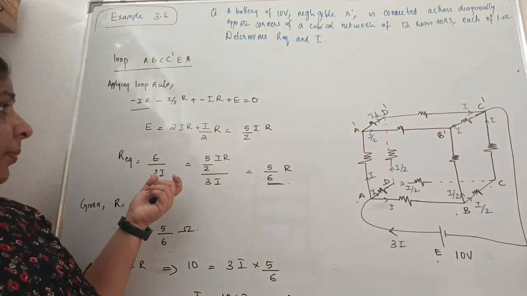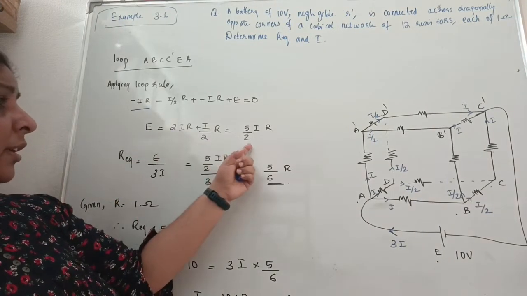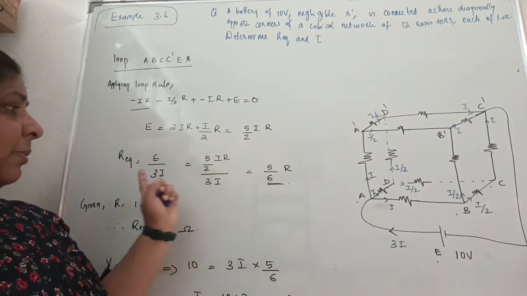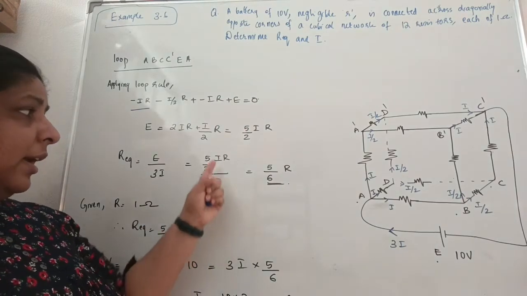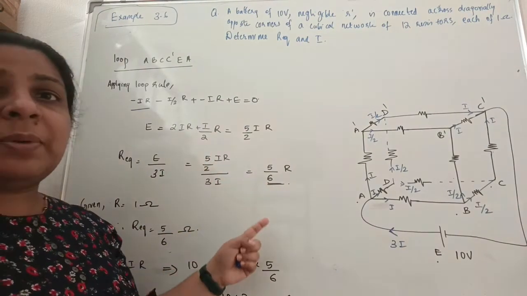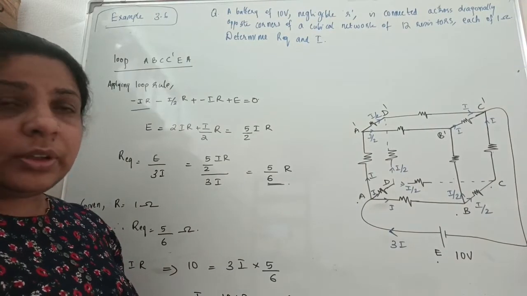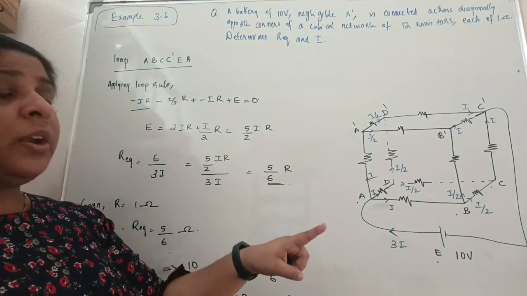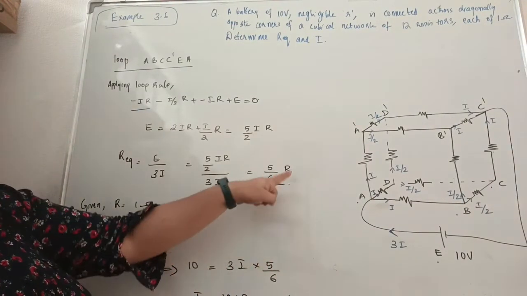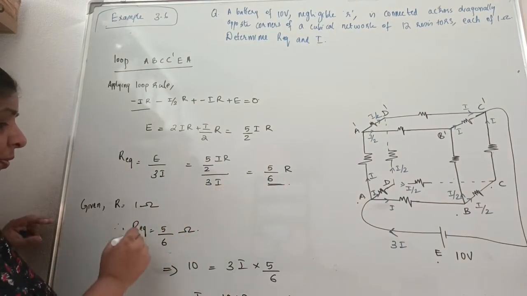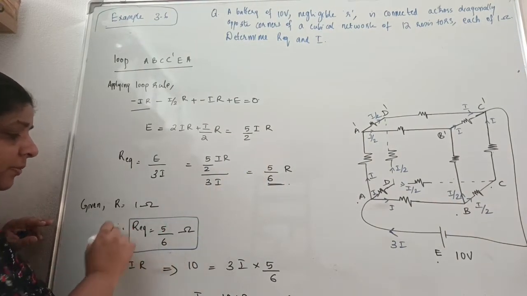Here the total potential E is 5 by 2 IR, divided by total current 3I. I cancels, so you will get 5 by 6 R. Now R value is given as 1 ohm, so R equivalent will be 5 by 6 ohm. This will be the value of R equivalent.